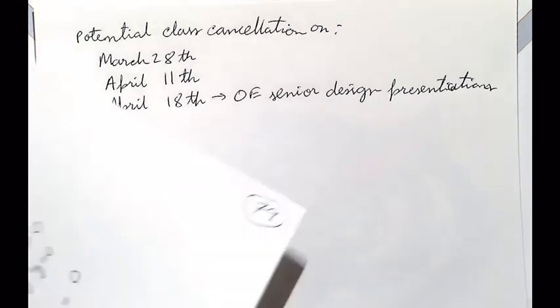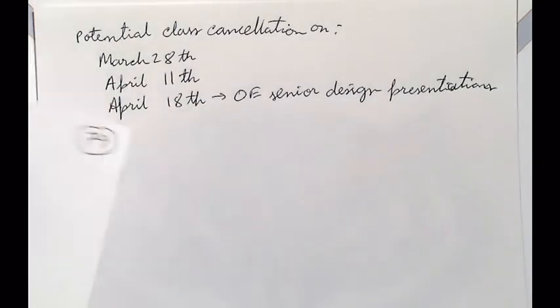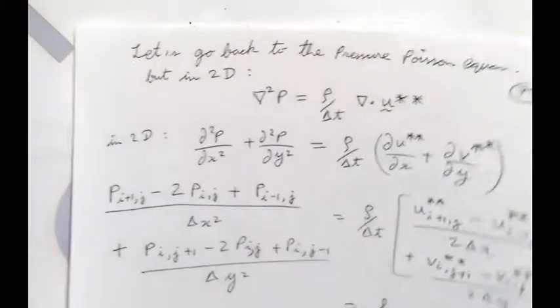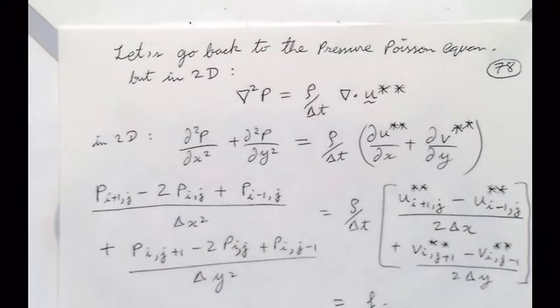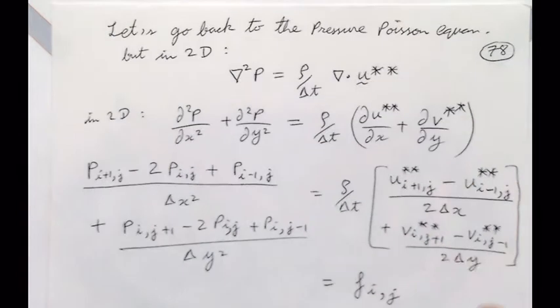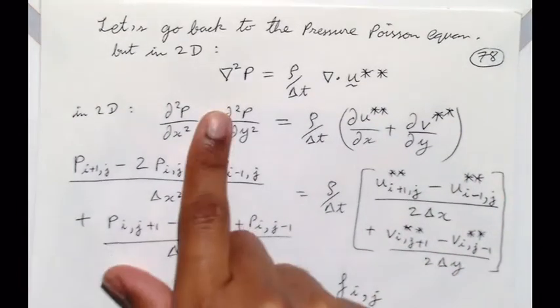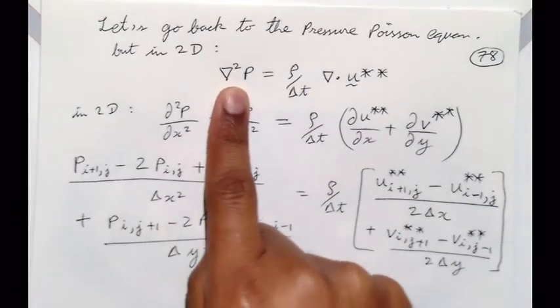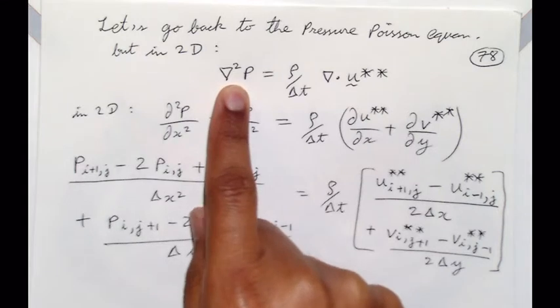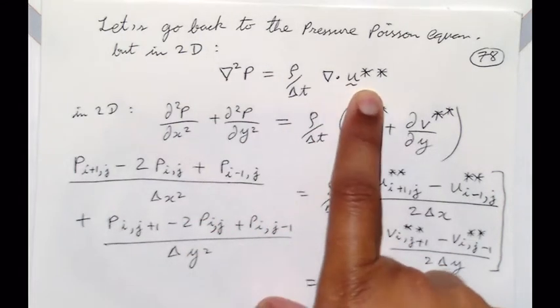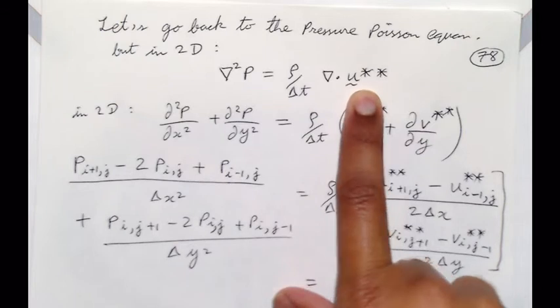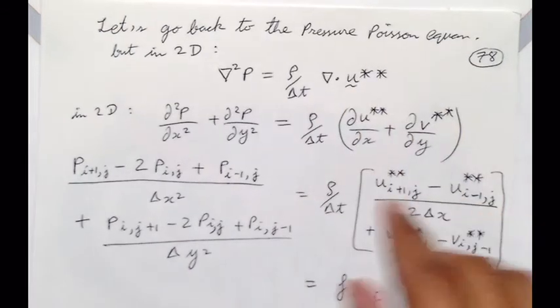Let's get back to what we were doing. These are just notes from the previous class, so I'll just go over them quickly. You don't need to write them again. We were looking at the pressure-Poisson equation. When we do pressure projection, this U star star was the intermediate velocity field, which was not divergence free.